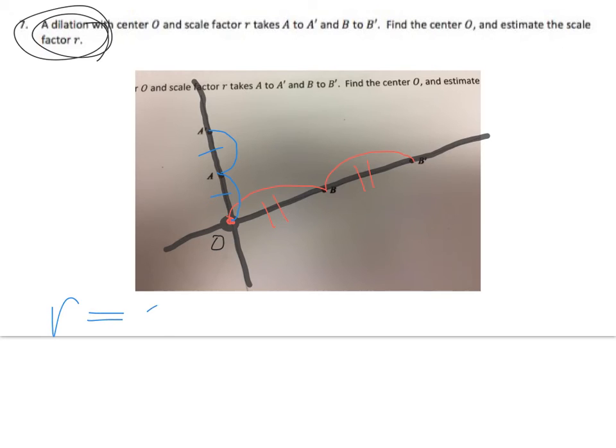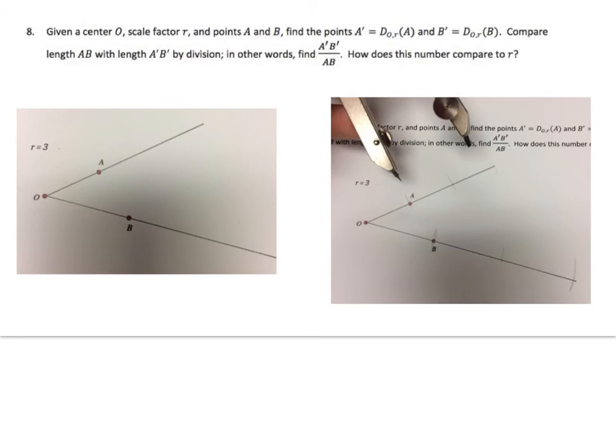Because I did that twice, my scale factor is in fact 2. And here you see me actually doing the work. I drew lines through here, and then I measured, and I measured again, and I found those are equal. Then I did the same thing for A and A prime, and found that those two segments are equal.